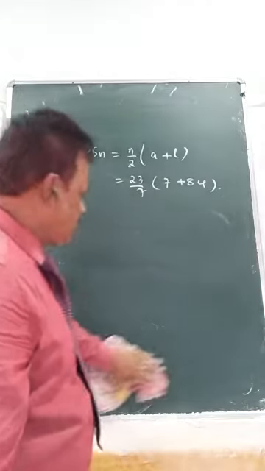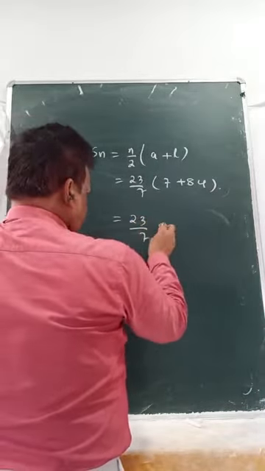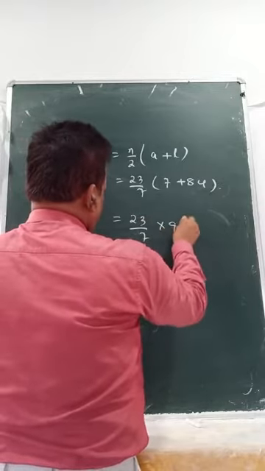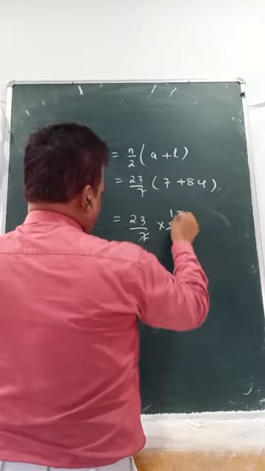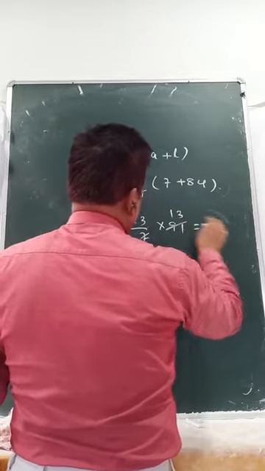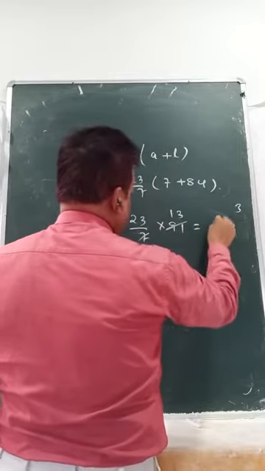So how much did you get? 23 by 2 into 91. 7 thirteens are 91, 13 threes are 39, 13 twos are 26, which gives 299.